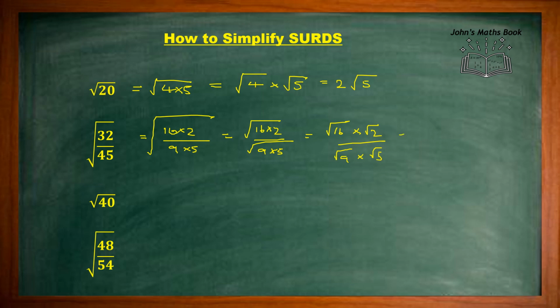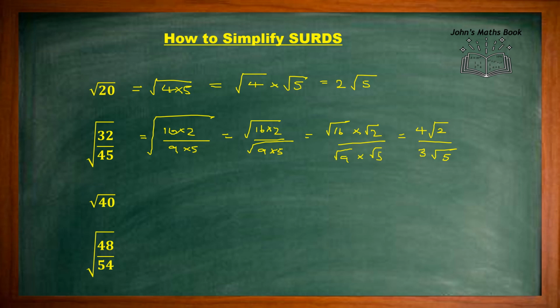So if we now take, in the numerator, the square root of 16, we get 4, and that's then multiplied by the square root of 2. In the denominator, if we take the square root of 9, we get 3, and that's multiplied by the square root of 5, which is not a perfect square and therefore an irrational number.